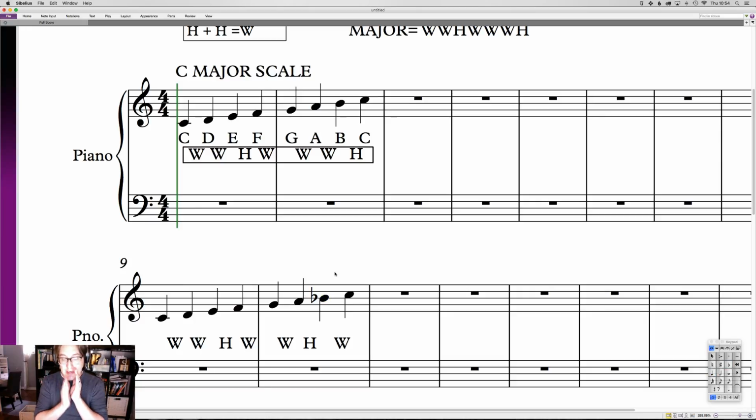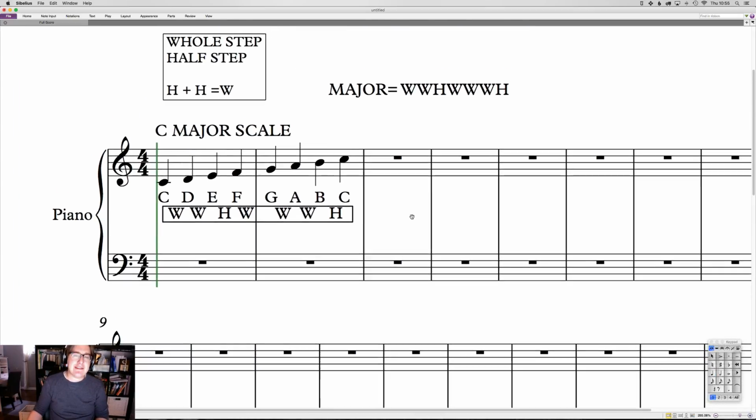By the way, it does have a name. It's called Mixolydian, but let's pretend like we didn't say that. If I use that weird B flat scale, it sounds totally different. Doesn't sound bad, but it sounds different. So just by making one tiny change, I've totally changed the tonality of the scale.